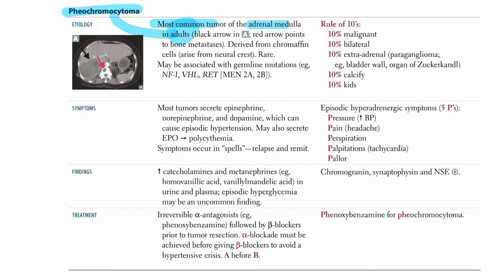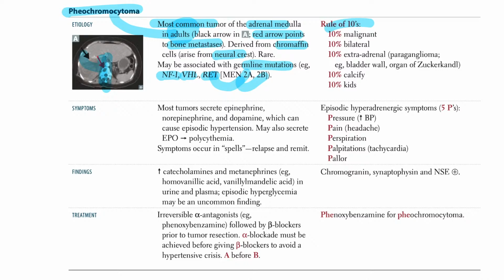The red arrow points to bone metastasis, so it goes and metastasizes in the bones. It is derived from chromaffin cells from the neural crest. It may be associated with germline mutation, for example, NF1, VHL, RET in MEN2A, 2B.